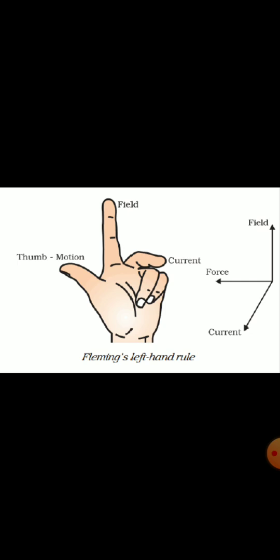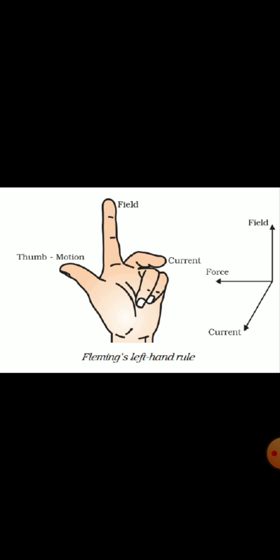Why is it said that motion? Because we know when the force is exerted, the rod displaces, which means it will change its place. And when a thing changes its place, we can say that it is in motion, right? It has displaced. That is why force or motion, both things we consider the same.